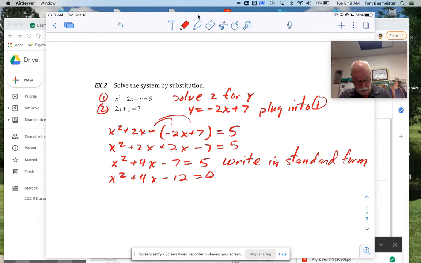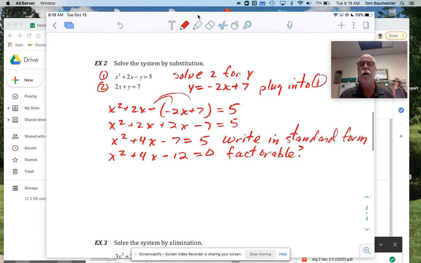Okay. And then once it's in standard form, we're going to say, is that factorable? Because remember, I just showed you a list of ways to think. If it's factorable, of course, I want to do that first. So I'll say yes.